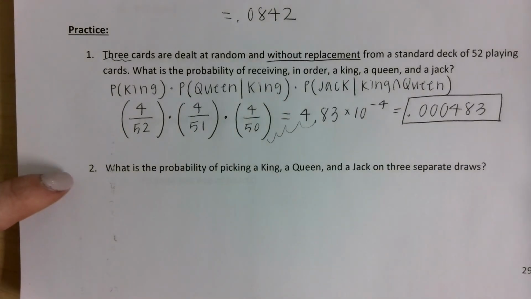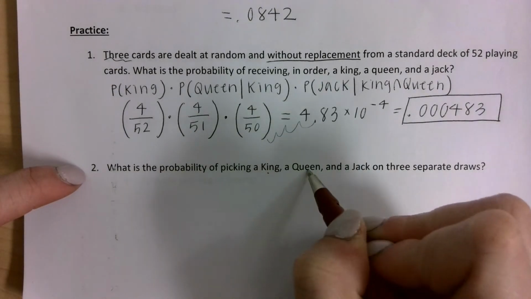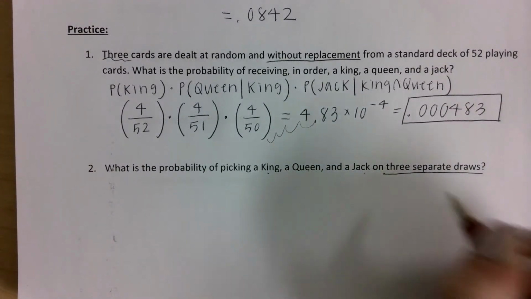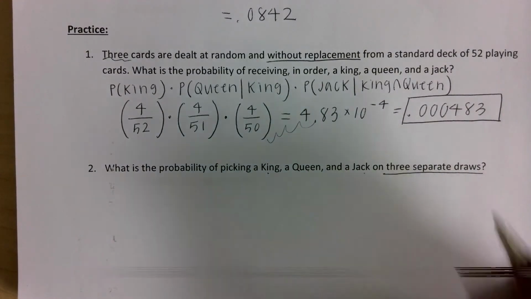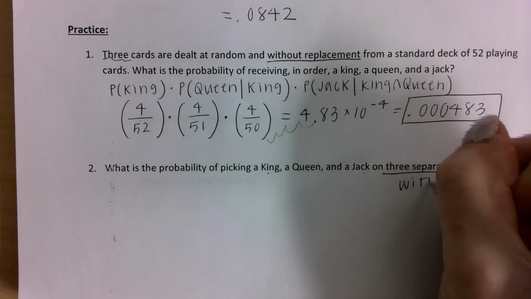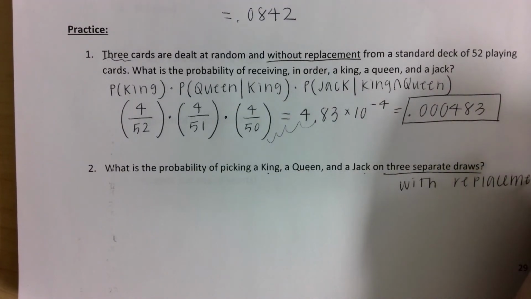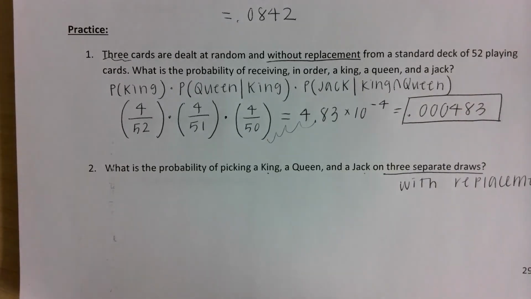Number 2 says, what is the probability of picking a king, a queen, and a jack on 3 separate draws? So this time, I'm assuming with these separate draws, what we mean is with replacement. So I'm going to pick up my king, I'm going to put it back, and then I'm going to shuffle the deck again, try to pick a queen, then try to pick a jack.